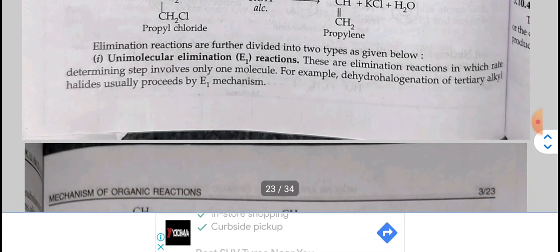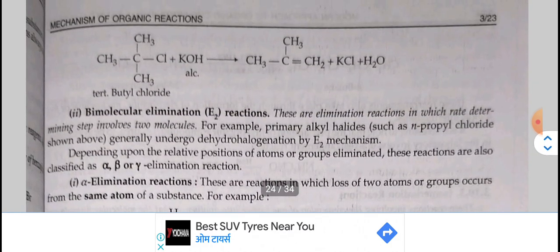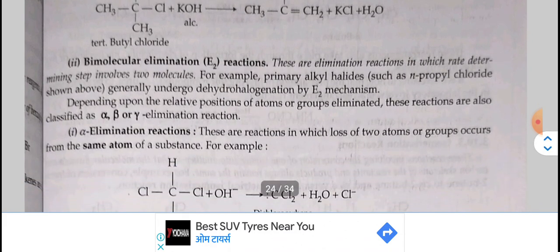Unimolecular elimination reactions, E1, are elimination reactions in which the rate determining step involves only one molecule. For example, dehydrohalogenation of a tertiary alkyl halide usually proceeds by the E1 mechanism. Tert-butyl chloride plus alcoholic KOH gives 2-methylpropene plus KCl plus water.